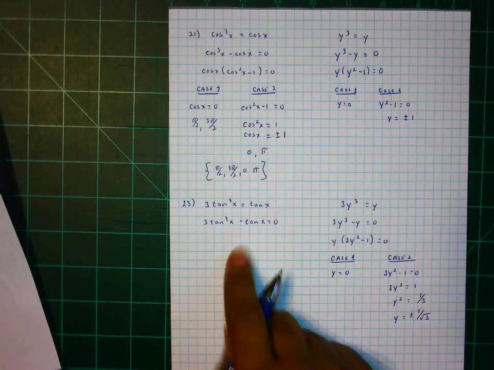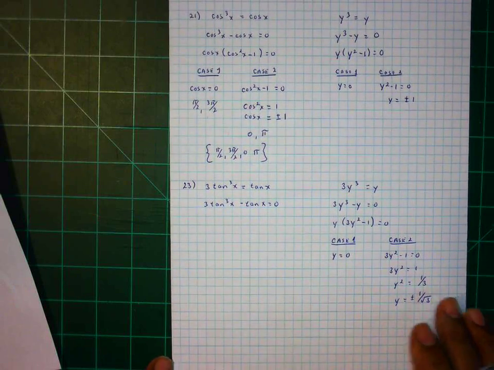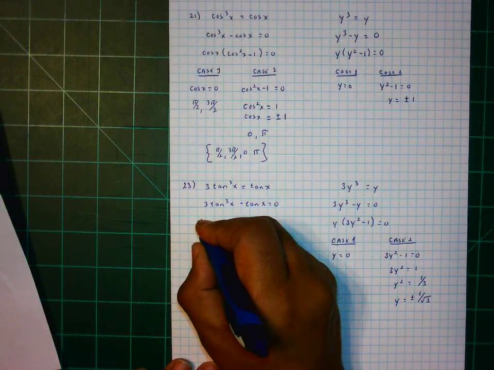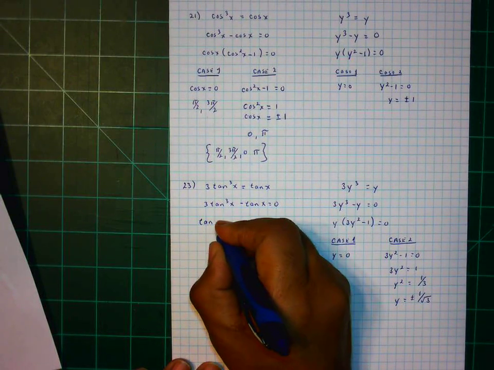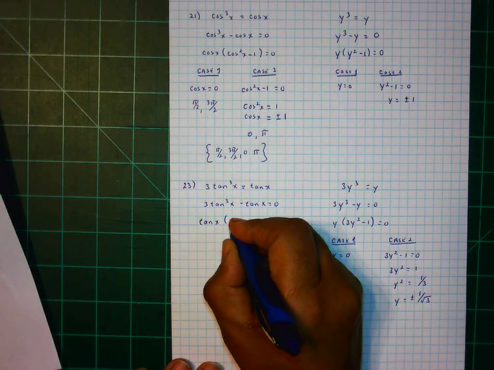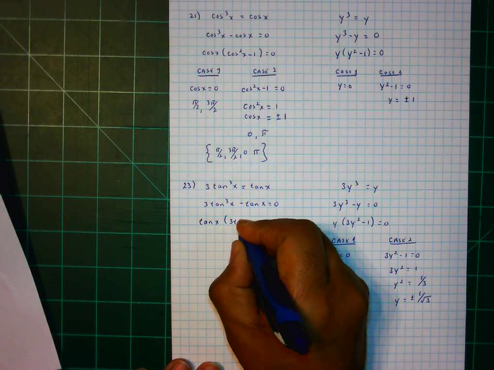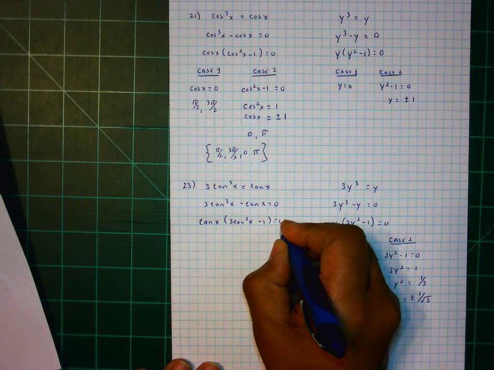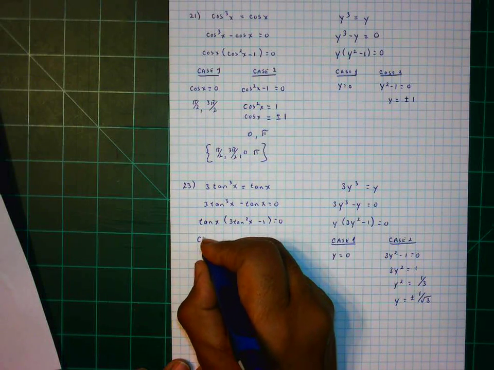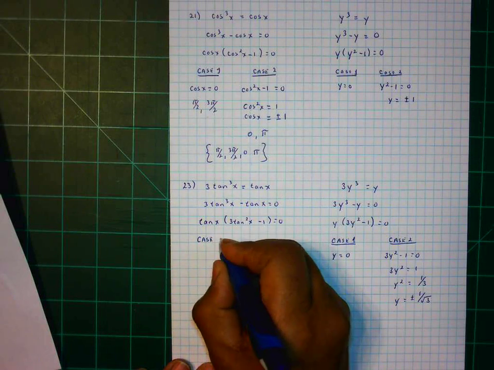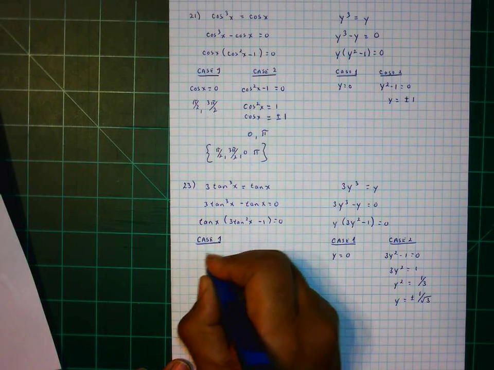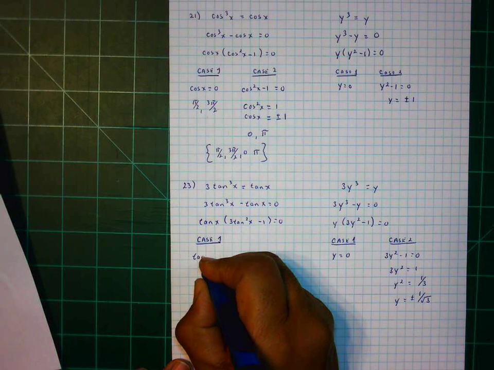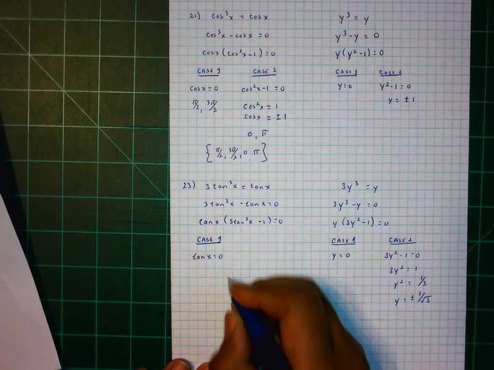Now let's apply the same thing to the trigonometric values here. Factor tan of x out, and you're left with 3 tan squared x minus 1 equals 0. Case 1, you have tan of x equals 0.